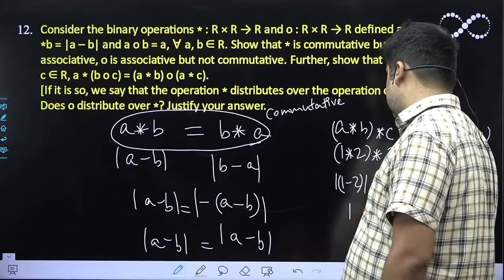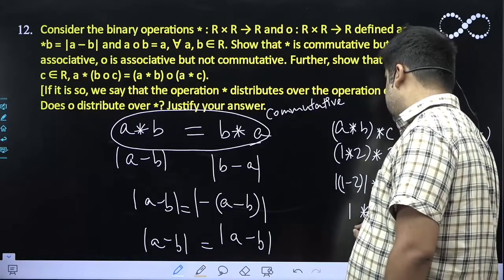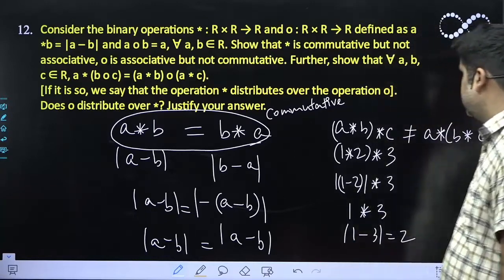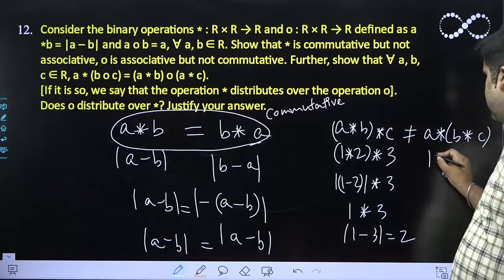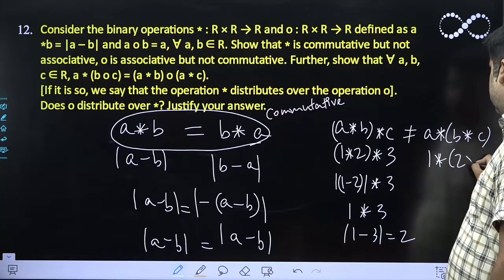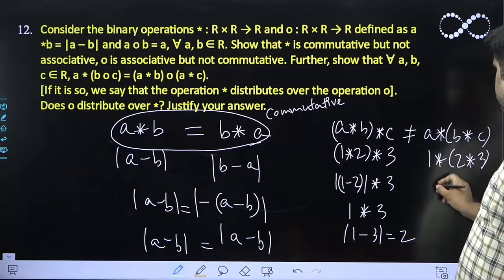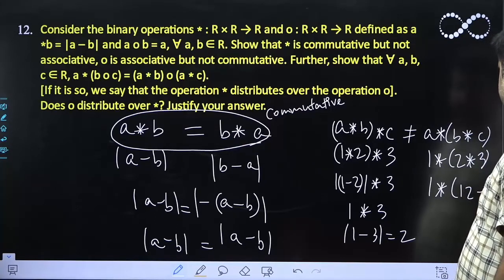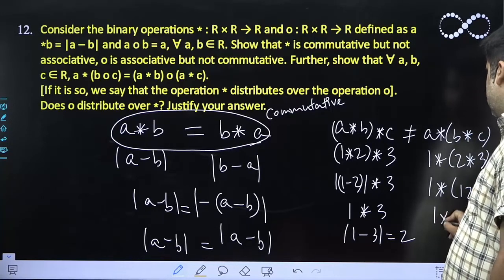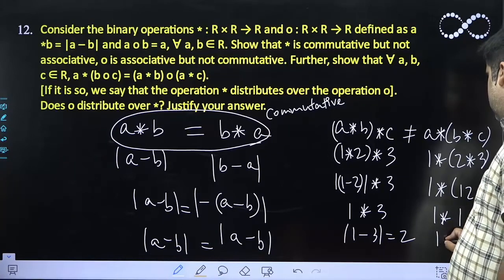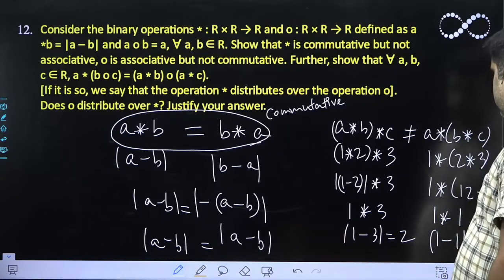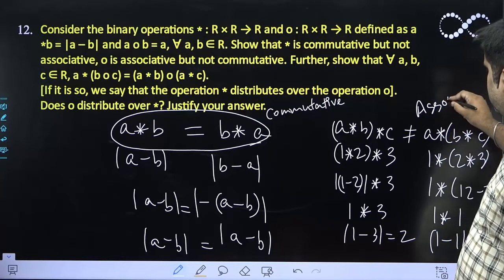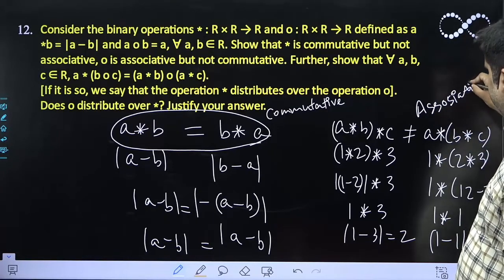This is 1 star 3. This is mod of 1 minus 3, which is equal to 2. Now, what is the value of 1 star (2 star 3)? What is 2 star 3? This is mod of 2 minus 3. What is mod of 2 minus 3? 1. What is 1 star 1? 0. So therefore, this is not associative.